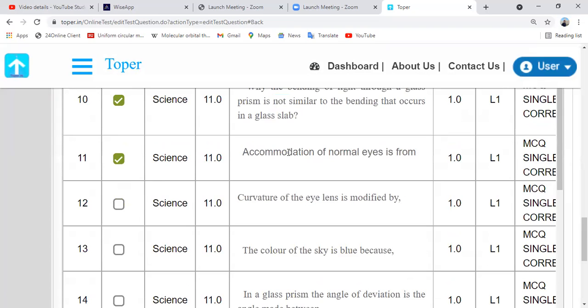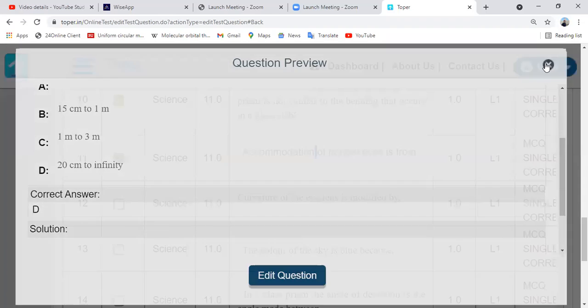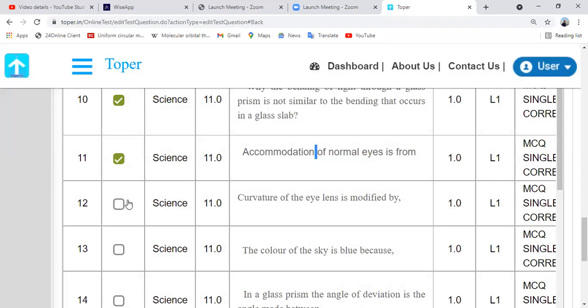Okay. Accommodation of the normal eye is done through the ciliary muscles. It is the distance, so it is 20 centimeters to infinity. Option D is correct for that.